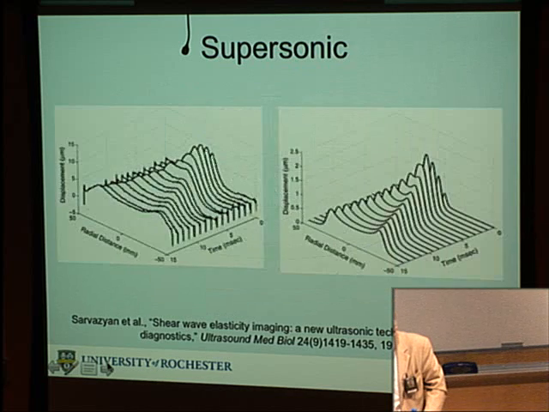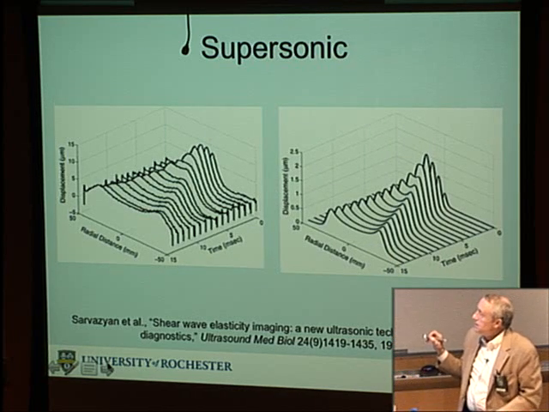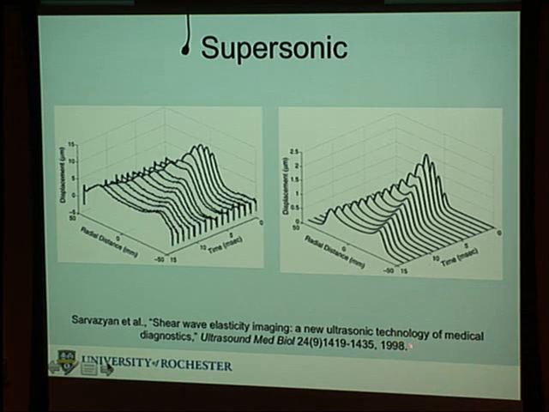So Sarvazian published a paper, a very influential paper. This would be now 1998. So time is moving on, but theoretically, again, this is time in this direction, and the vertical is displacement, and then this is radial position away from the center of a focus. So again, I've got an ultrasound transducer.